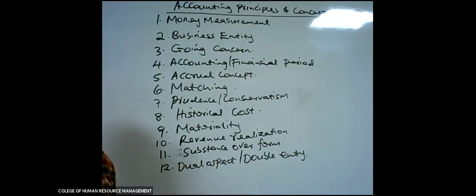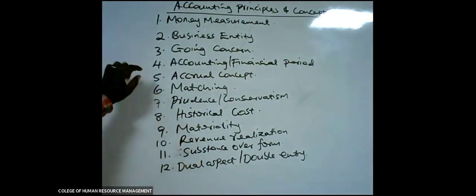That's why you hear financial year 2020-2022, financial year 2024-2025. Those are periods of 12 months. After that period, we sit down, we prepare the books of accounts, we know how much profit we made, and we compare with the previous years so that we can see the trend.